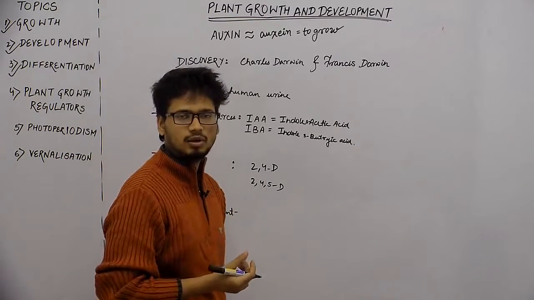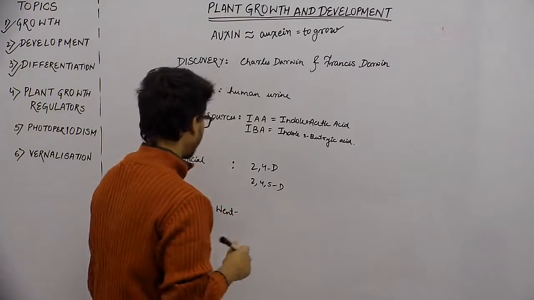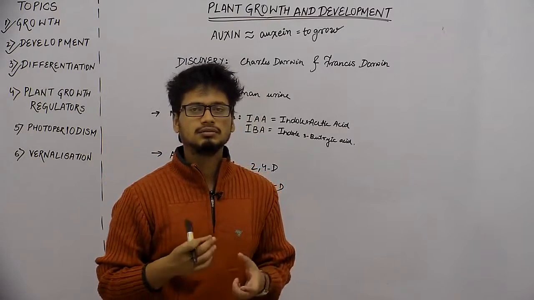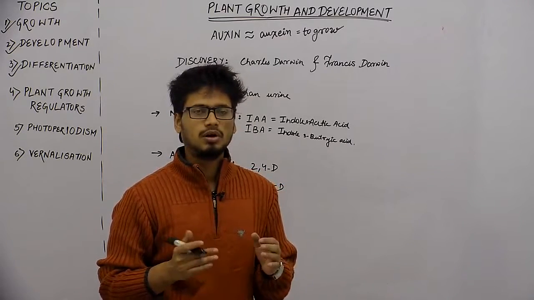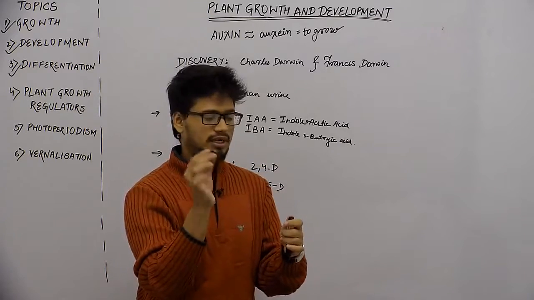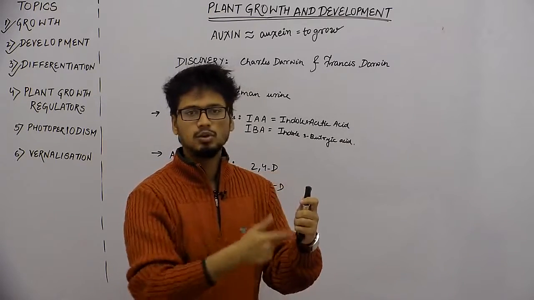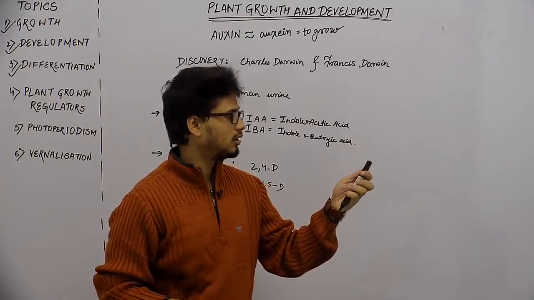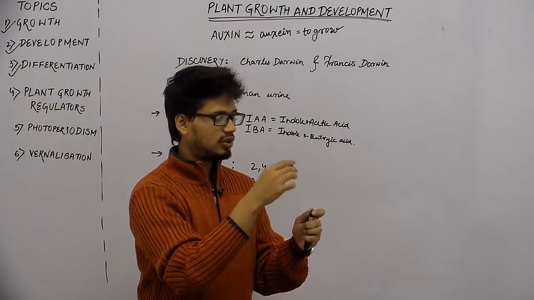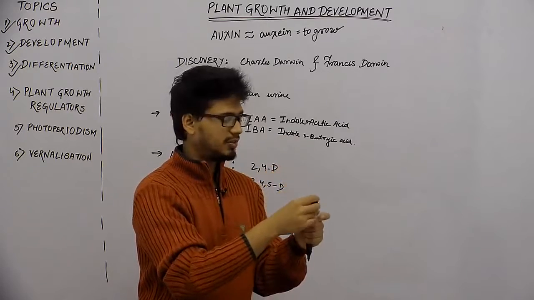He extracted the hormones from the tips of the coleoptile. How did he do that? He did a very simple thing: he took the tip and separated it. Let's say this is the tip and this is the whole canary grass. He took the tip and separated it from the rest of the plant.